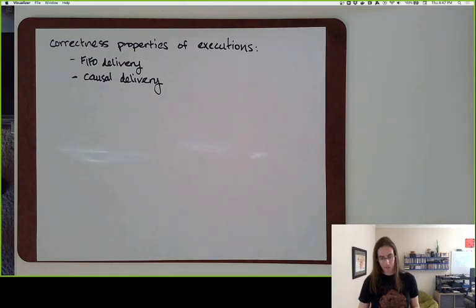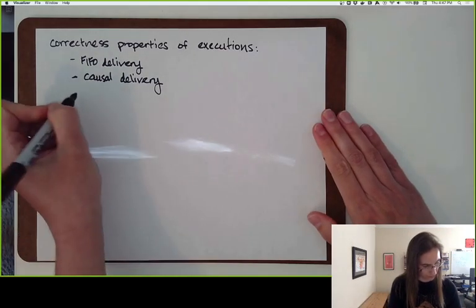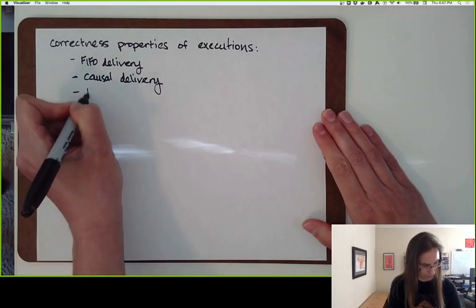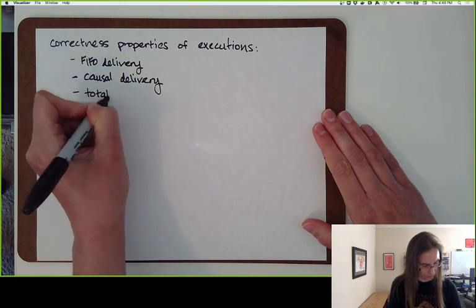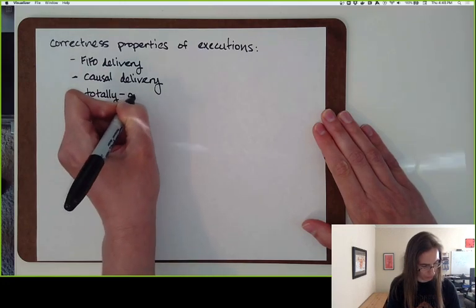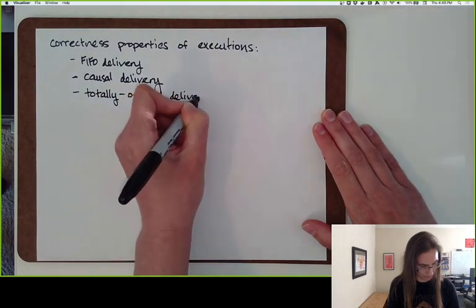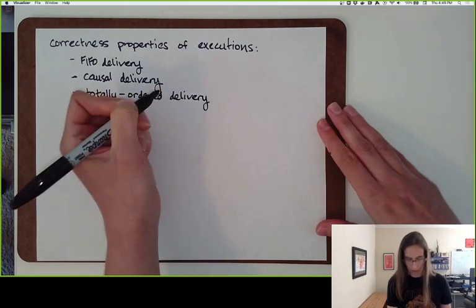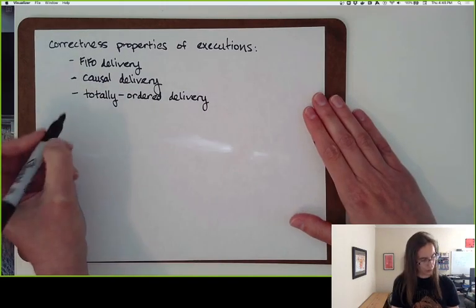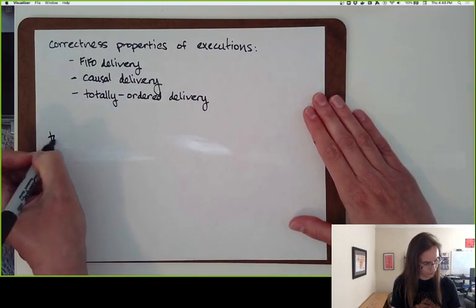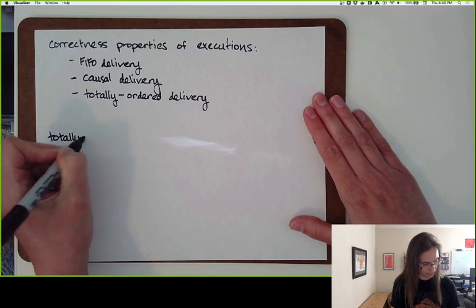There's one more correctness property that I want to mention here, and it's called totally ordered delivery. So here's a definition of totally ordered delivery.